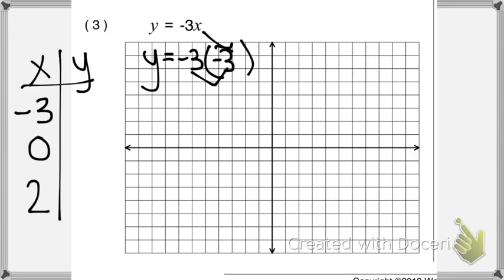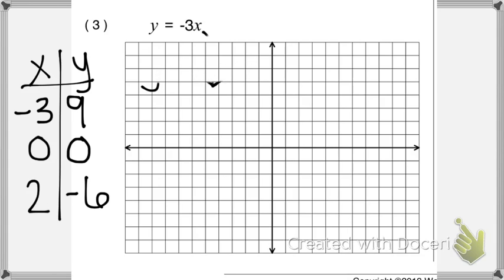So negative 3 and negative 3 make 9 positive when I multiply. So y has to be 9. Then I'm going to plug in a 0. And anything times 0 is 0. And the last one, I'm going to put in a 2. And 3 times 2 is 6. And a negative on there, because there's only one negative.